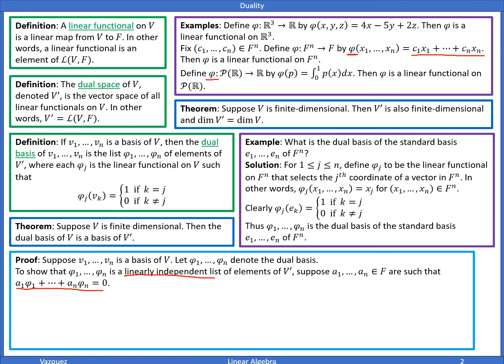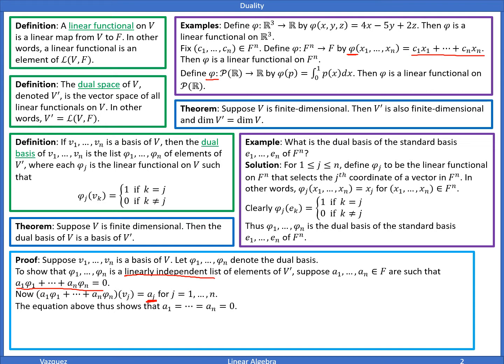We need to show that a_1 to a_n have to be 0 for that whole linear combination to be equal to 0. So if we apply this linear combination to v_j, we get a_j for all j, 1 through n. Then the equation above simply means that in order for us to get 0, a_1 to a_n are going to have to equal 0. In this case, we're getting a_j.